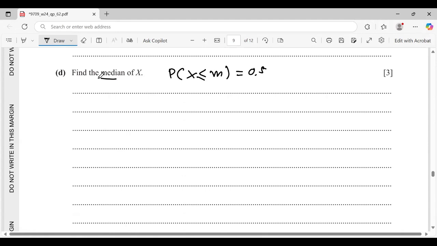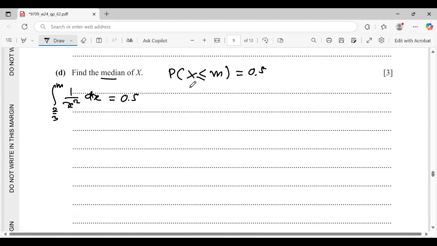Based on this statement, we will find the integral from 2/3 to m of 1 over x squared dx equals 0.5. We are going to calculate this to find m.